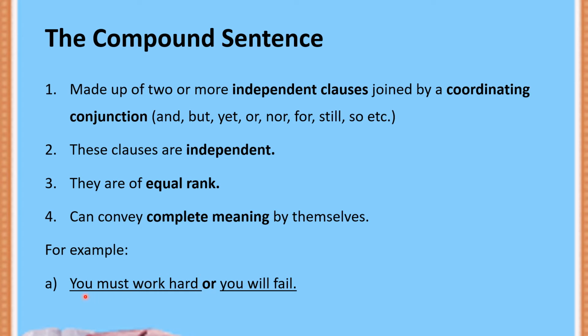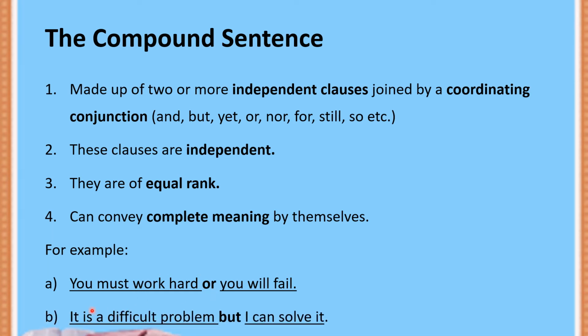The first clause has a subject which is you and it has a modal verb which is must. Similarly, the second clause has a subject which is you, and it also has a verb which is fail. It is a finite verb. And these two clauses are independent.